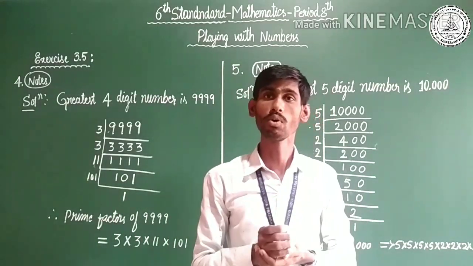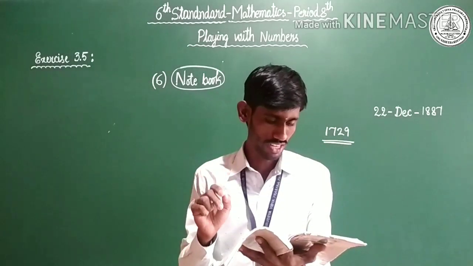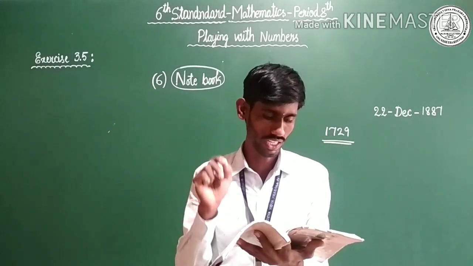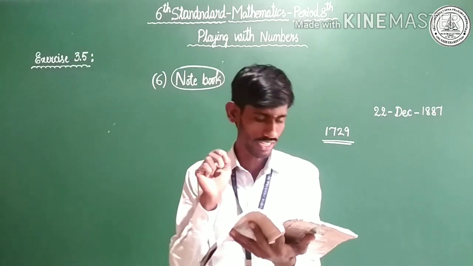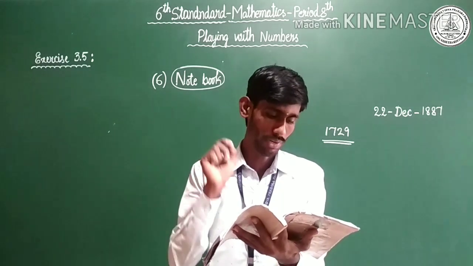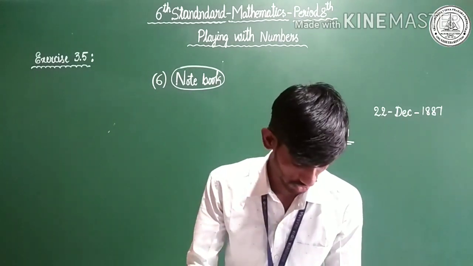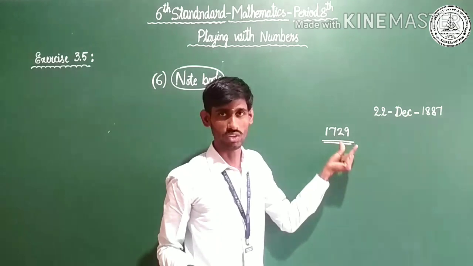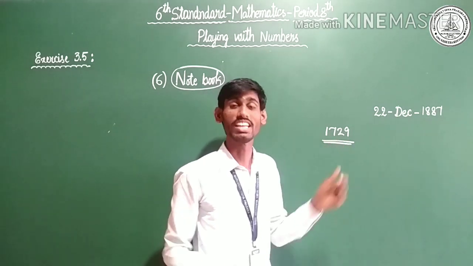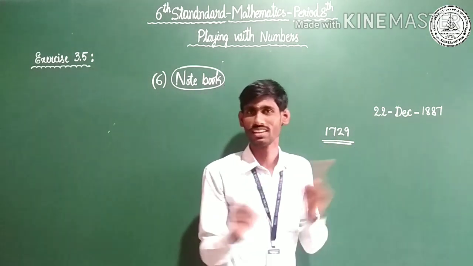Okay, let us move to question number 6. Find all the prime factors of 1729 and arrange them in ascending order. Now state the relation, if any, between two consecutive prime factors. Dear Chotu, 1729. It is not a simple number.